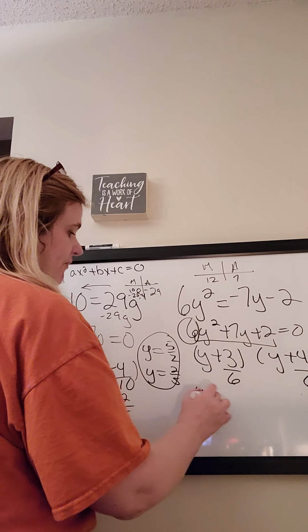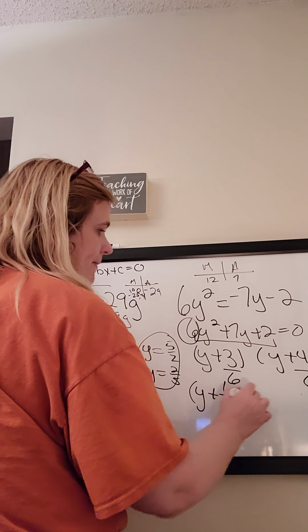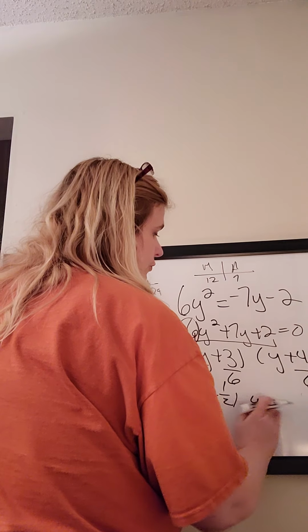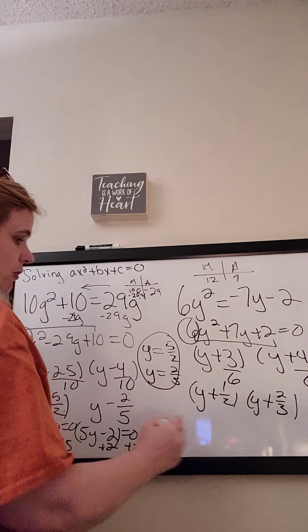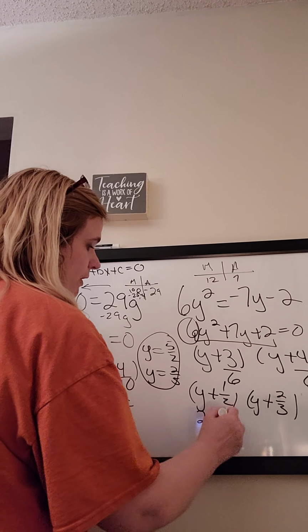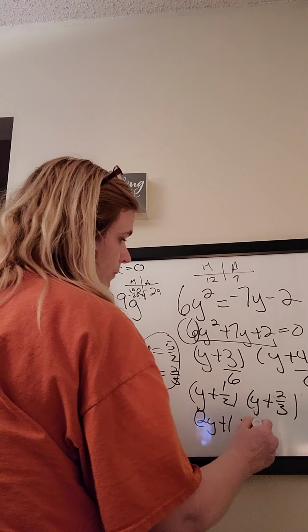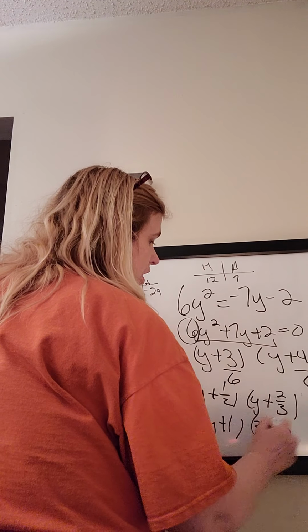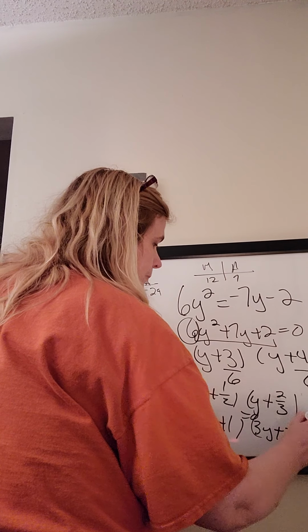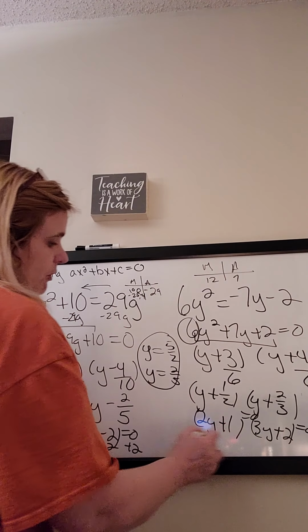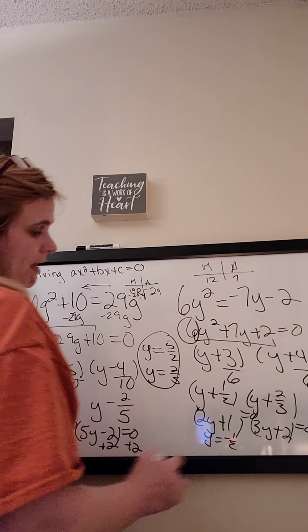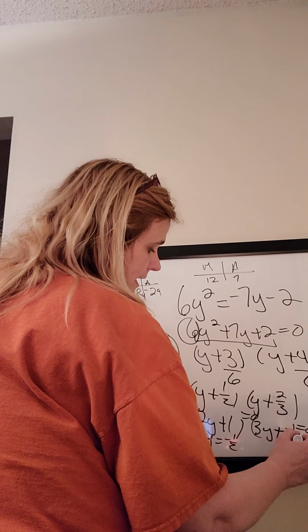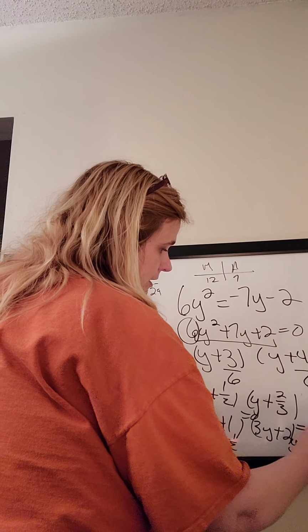So this one simplifies to 1/2 and this one simplifies to 2/3. The denominator goes with the variable, so 2y plus 1 and 3y plus 2. Now we're solving, so set them equal to 0. Subtract 1 from both sides and divide by 2, negative 1/2. Subtract 2 from both sides and divide by 3, negative 2/3.